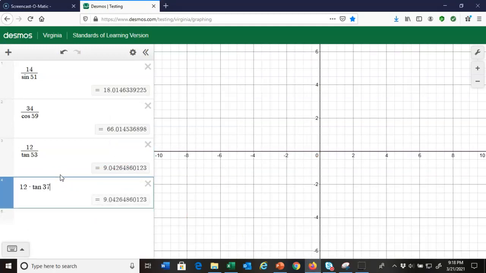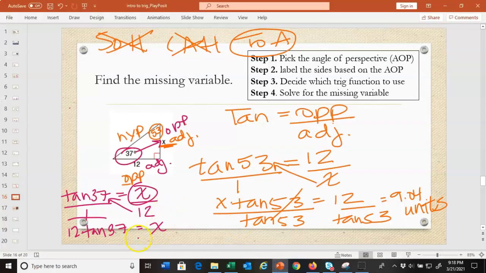Oh my gosh, it's the same thing. It's amazing. 9.04. And it should be the same because we were looking for the same side. We just chose a different angle of perspective and set up a different ratio. So I wanted to show you guys that it can be done with either angle.